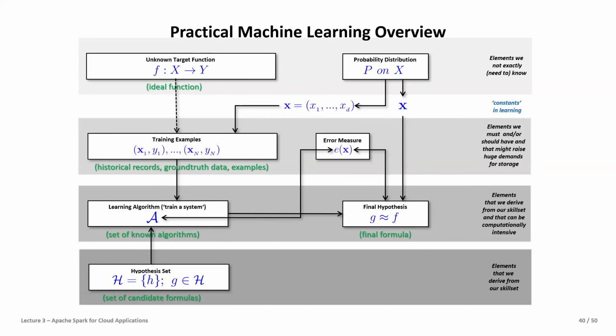Other people may be looking at this, and so on and so on. However, these are the constants in learning given to us, and we have to work with this, and this makes it work.